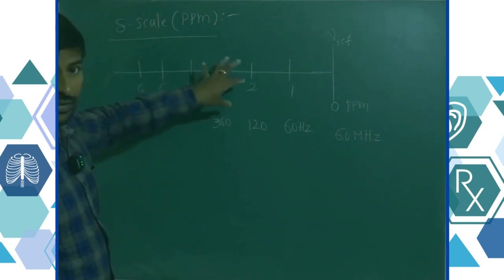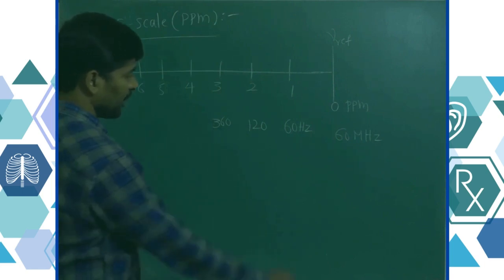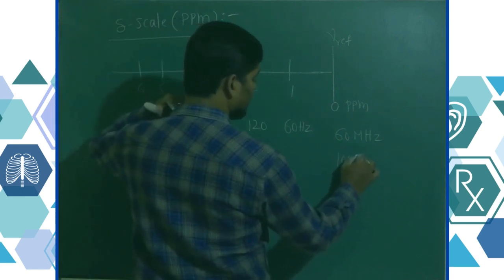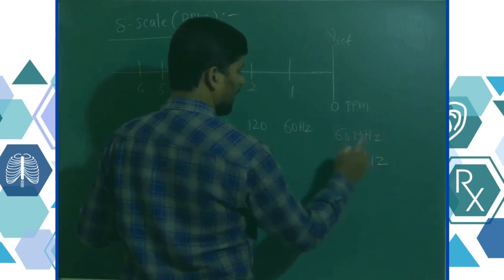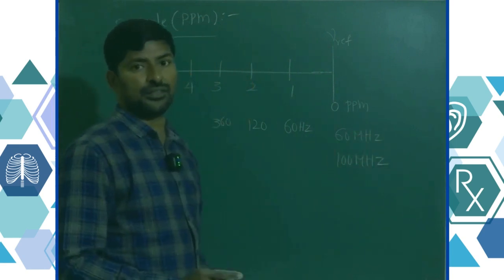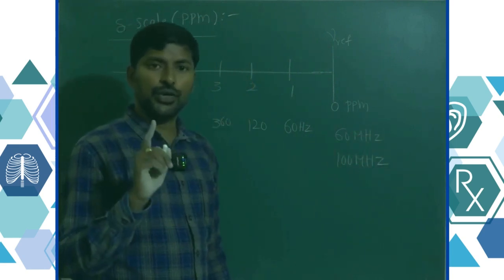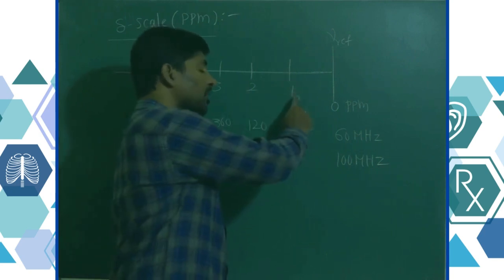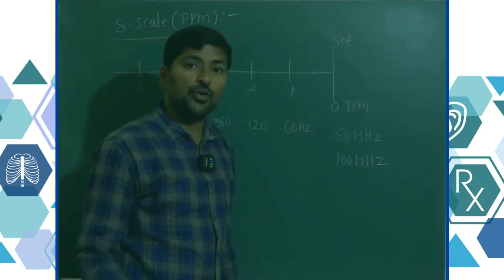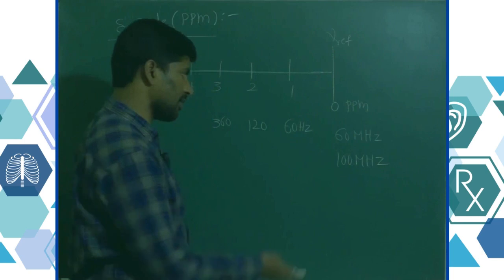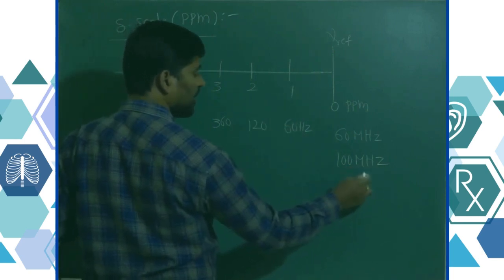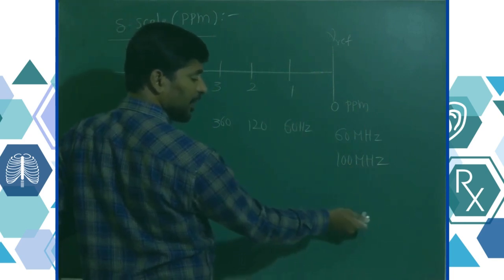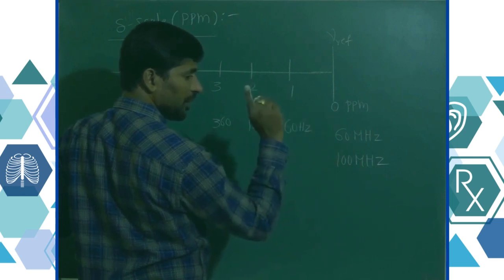Based on this, one question was given last time. If you take a 100 megahertz instrument, 100 million divided into a million parts, 1 part will get what? 100. 2 parts will get 200, like that. 100 into 10 power 6 divided by 10 power 6 gives 100.